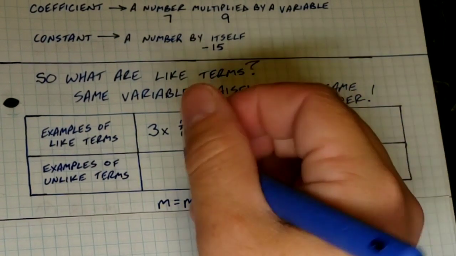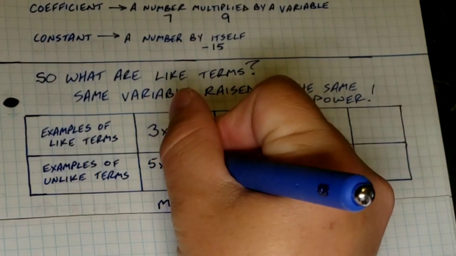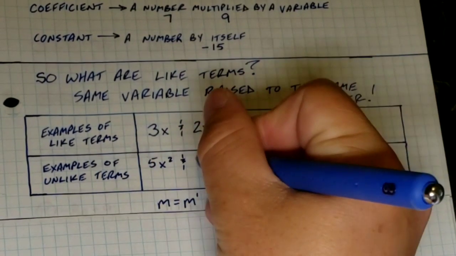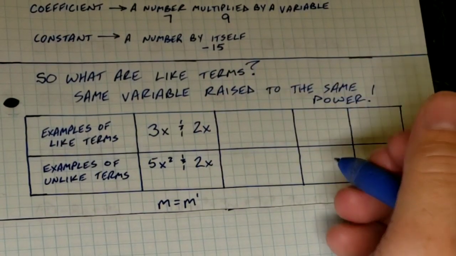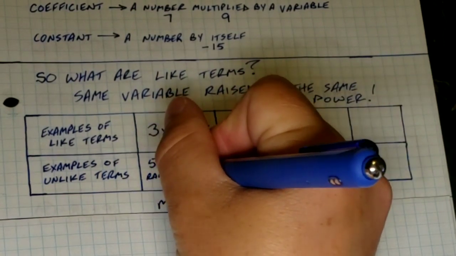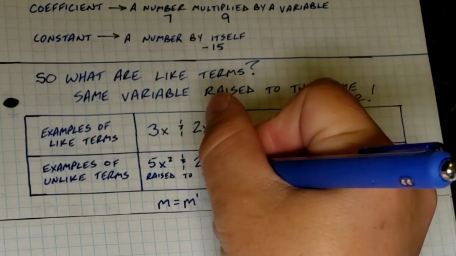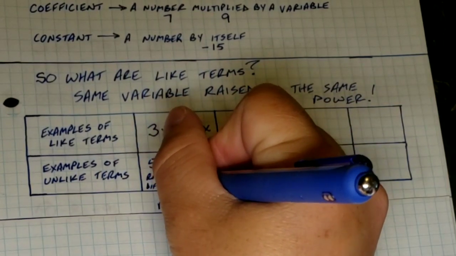All right? Why are these not like terms? 5x squared and 2x. Well, they're not like terms because they're raised to different powers.